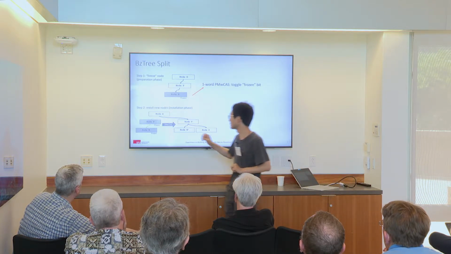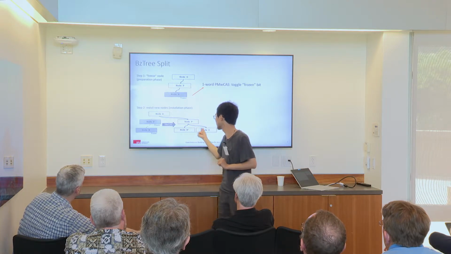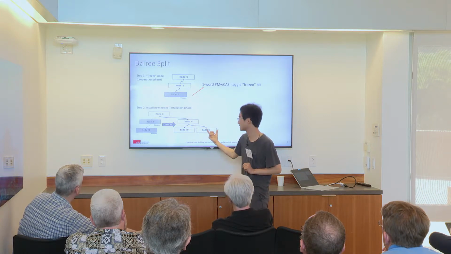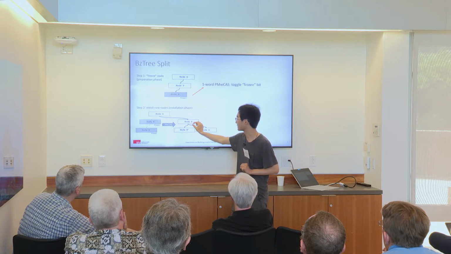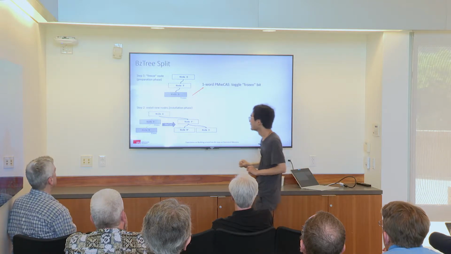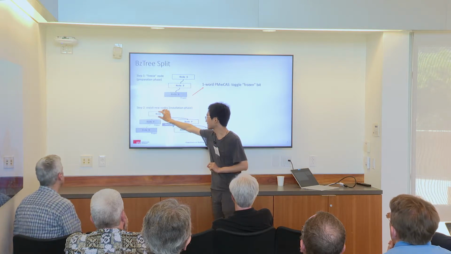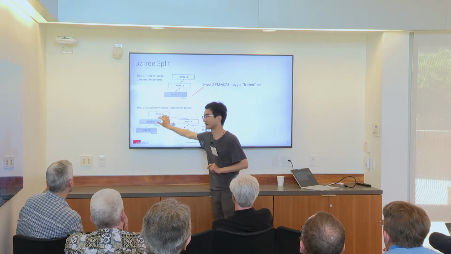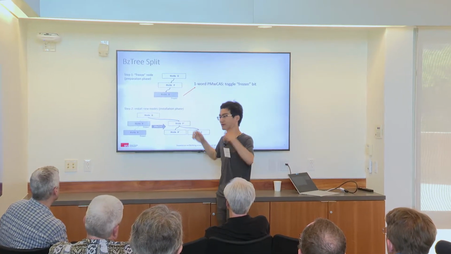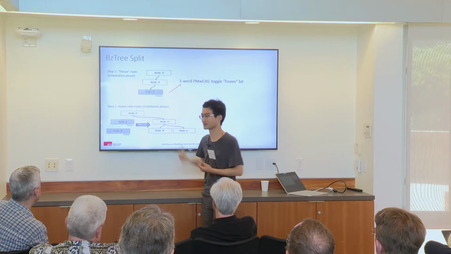So what we do here is copy this parent node as well, and put in the new separated key, as a result of the separation of these two nodes, and also the new pointers pointing to both new nodes. And then we also need to change the pointer in the grandparent that's pointing to this node, because we're creating a new parent node, so the pointer needs to be changed to point to the new one.